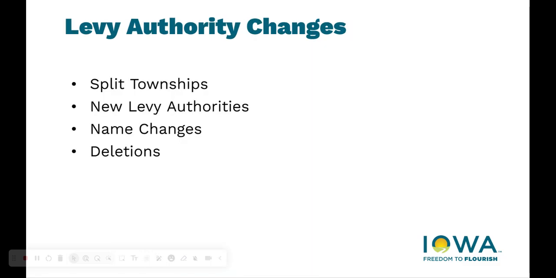So, when we talk about levy authority changes, what are we referring to? These would be things like township changes. That's probably one of the most common year to year changes that you see. This is a situation where a township has decided that they want to split up their value into different pieces in order to service the needs of fire contracts within that township.